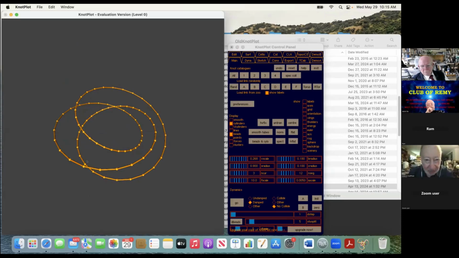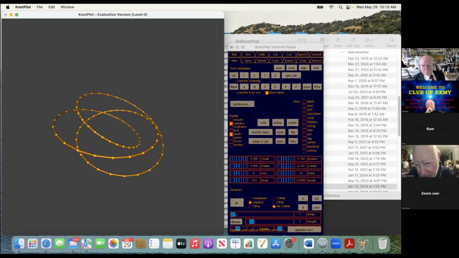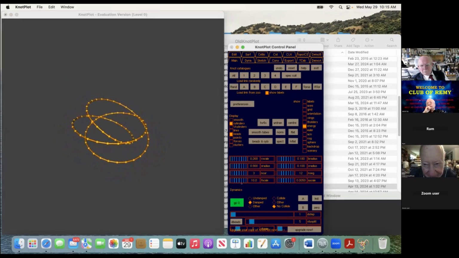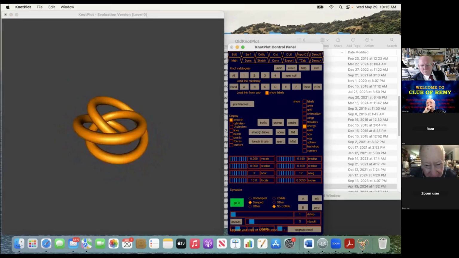And what will happen when we self-repel this? The program allows you to see a measure of the energy of the system, and I'm going to let it self-repel. We might as well put some tubes around it.